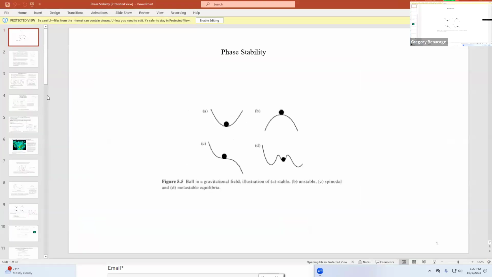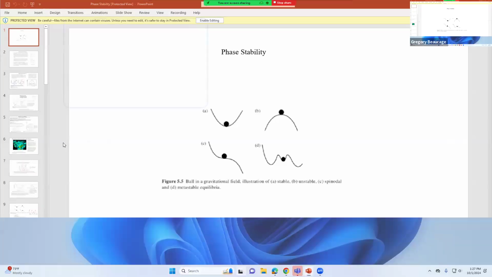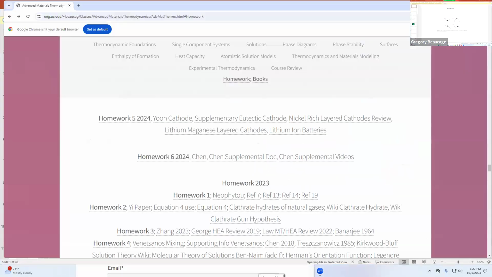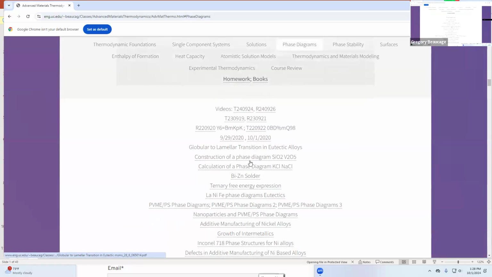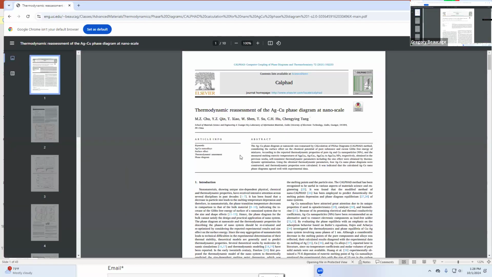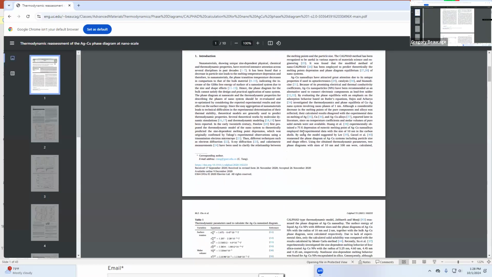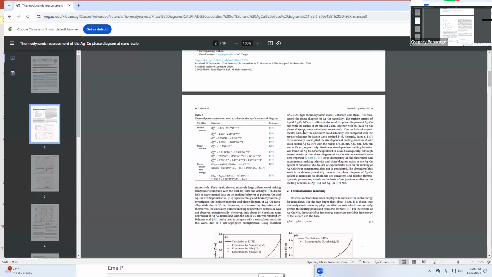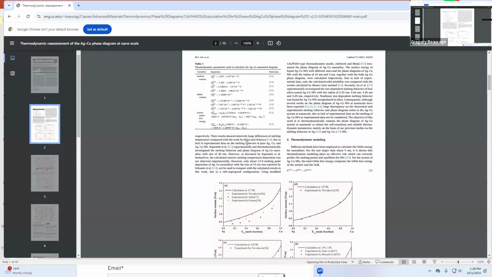Oh, let's see. Is there anything? Yeah, there is. Let's see. There's a lot of papers here, like the CalFad program. There's a paper here where they use CalFad to calculate. I mean, there's a lot of papers where they use CalFad. This one's 2021, so it's kind of recent.